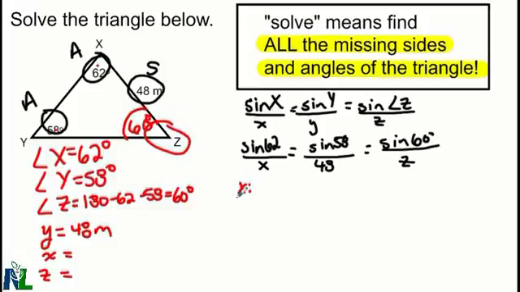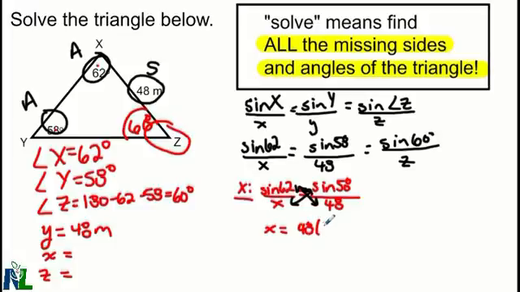Finding x first, we have the sine of 62 over x equals the sine of 58 over 48. I'm going to cross multiply and solve for x, so that x equals 48 times the sine of 62 divided by the sine of 58.